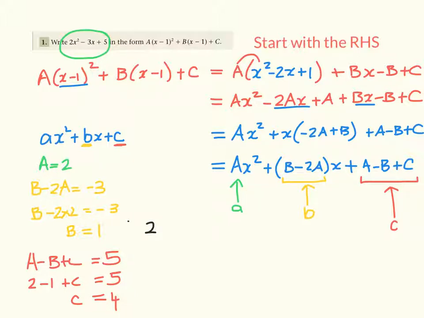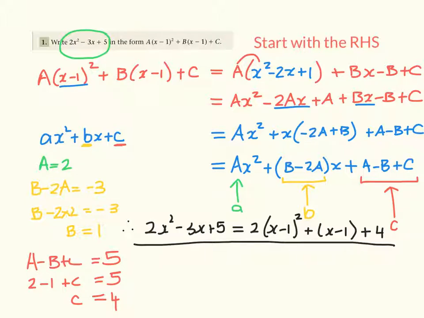And now I'm going to go back to my question, which was to write 2x squared minus 3x plus 5 in the form of a, which is 2(x minus 1) squared, plus b, which is just 1, so I don't need to write that, (x minus 1), plus c, which is 4. And that's my answer.